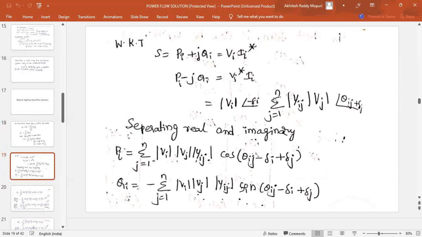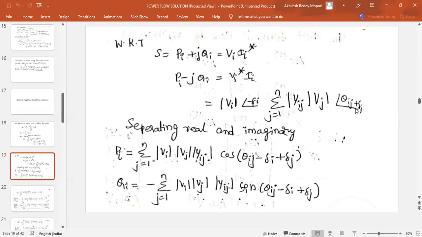So Pi minus jQi is equal to Vi at an angle of minus del i, that is V conjugate, into summation j equal to 1 to N Yij Vj at an angle of theta ij plus del j.